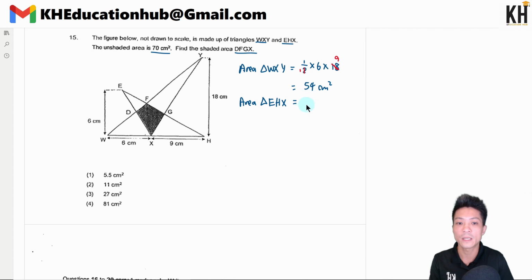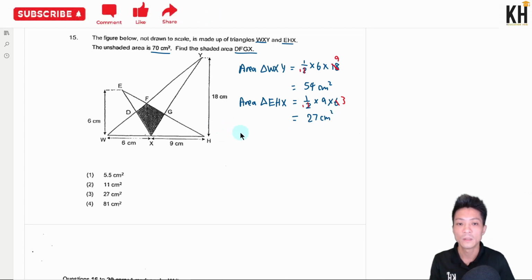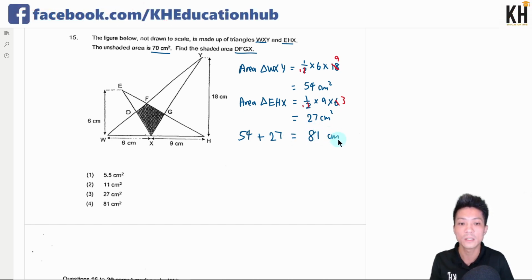EHX is half times 9 times 6. We are reducing, cancel 3, and then it's gonna give you 9 times 3, which is 27 square cm. The next step I'm gonna use 54 plus 27. That is going to give me 81 square cm.